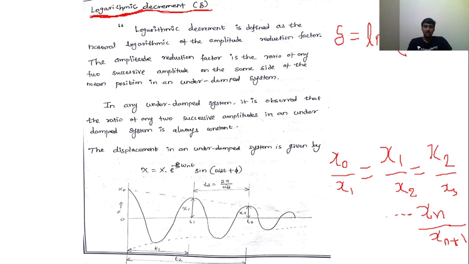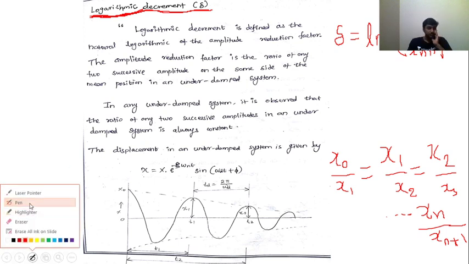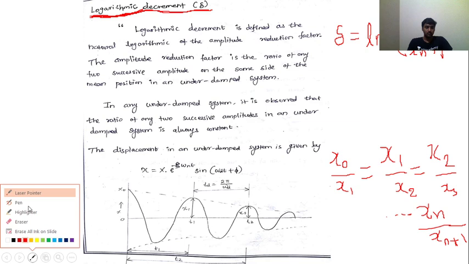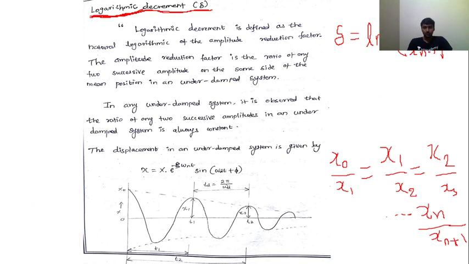You can take it as delta is equal to ln of xn divided by xn plus 1. So this is the equation.